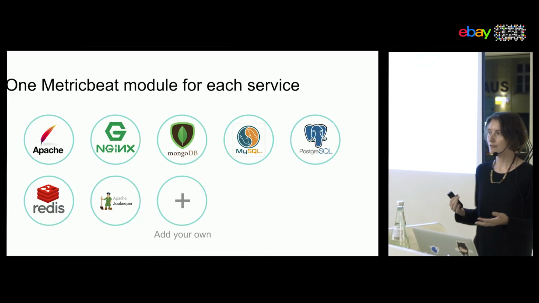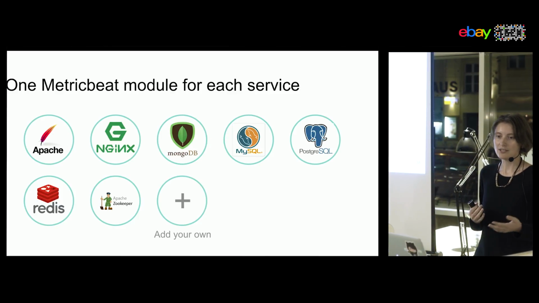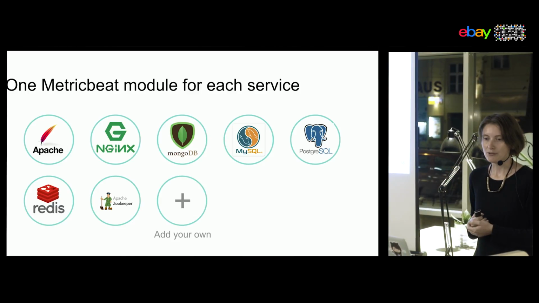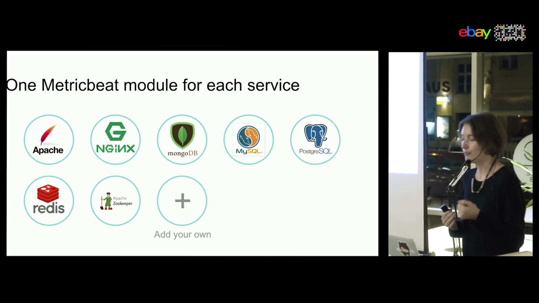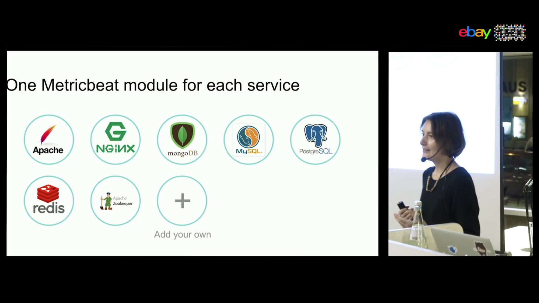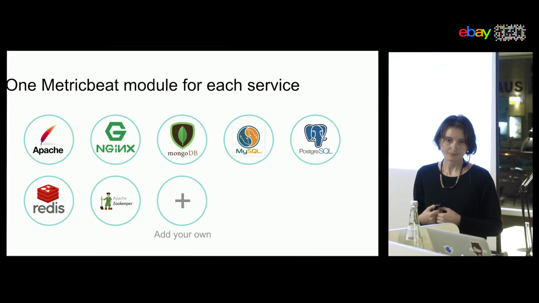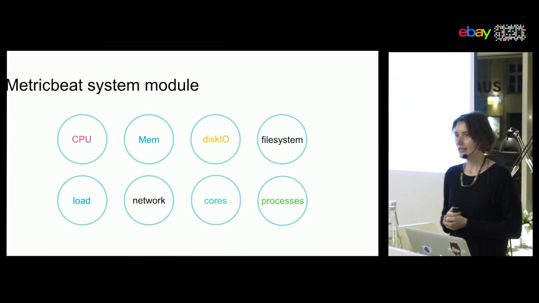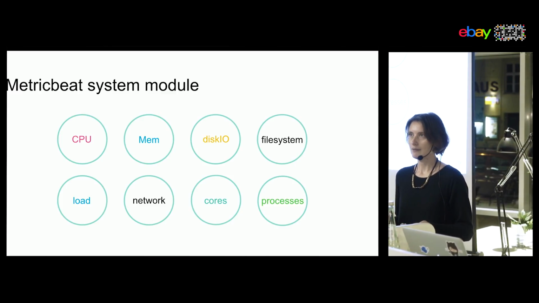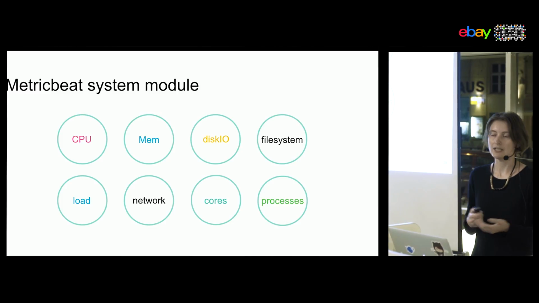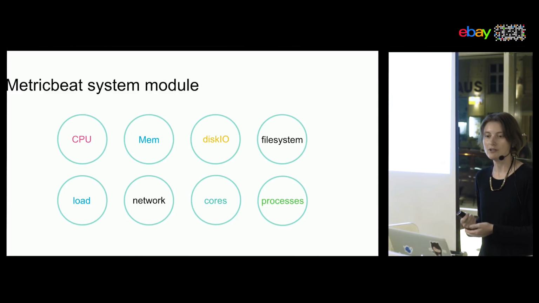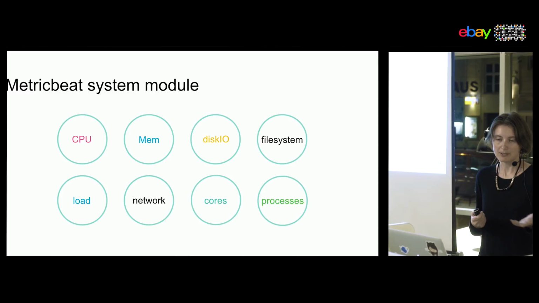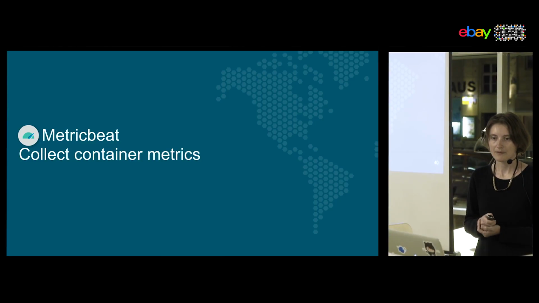We have support for a few services like Apache, nginx, MongoDB, MySQL, PostgreSQL, Redis, Apache Zookeeper, and you can add support for a different service by adding a module in Metricbeat. Metricbeat also comes with a system module that gives you system statistics like CPU, memory, disk I/O, file system, load, network, per core information, and per process information.